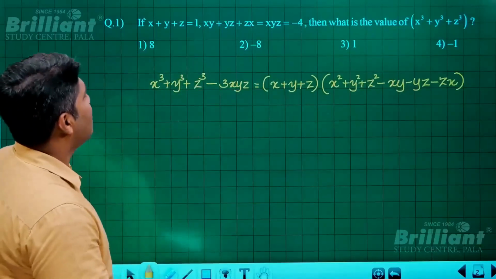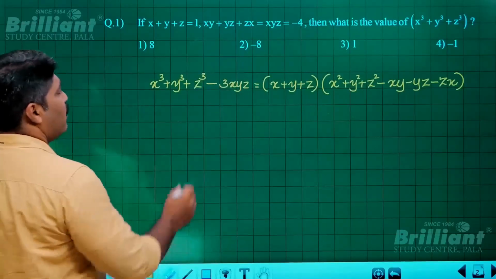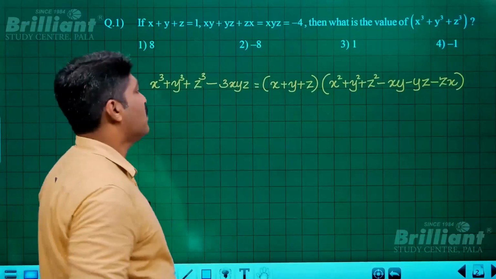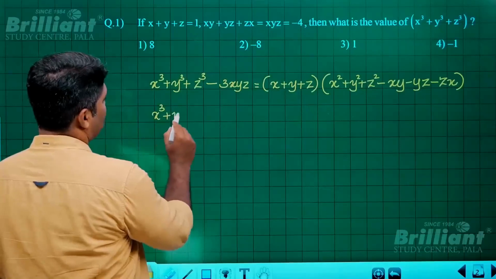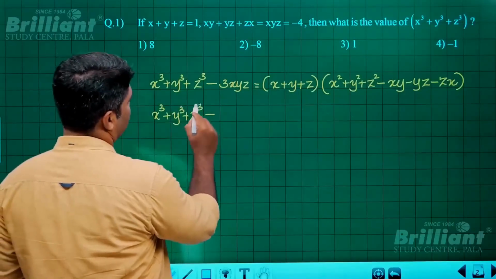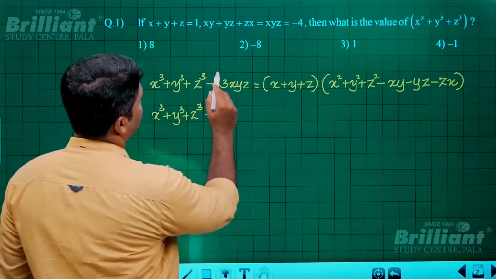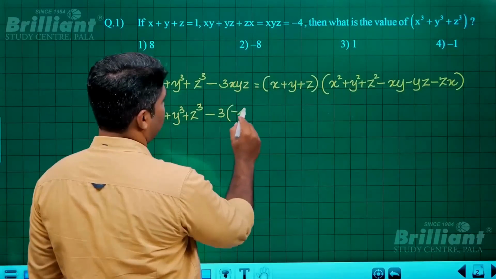Here we just consider the values from the given set of observations. We have to find out x cube plus y cube plus z cube. So this is x cube plus y cube plus z cube minus 3 into xyz. It is given that xyz is equal to minus 4, therefore 3 into minus 4.